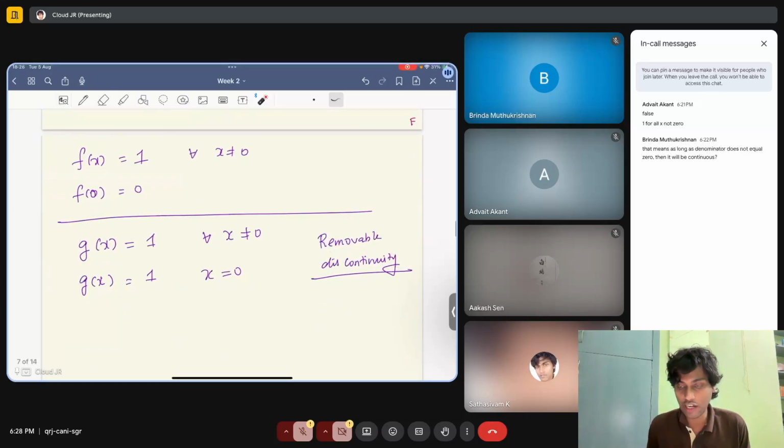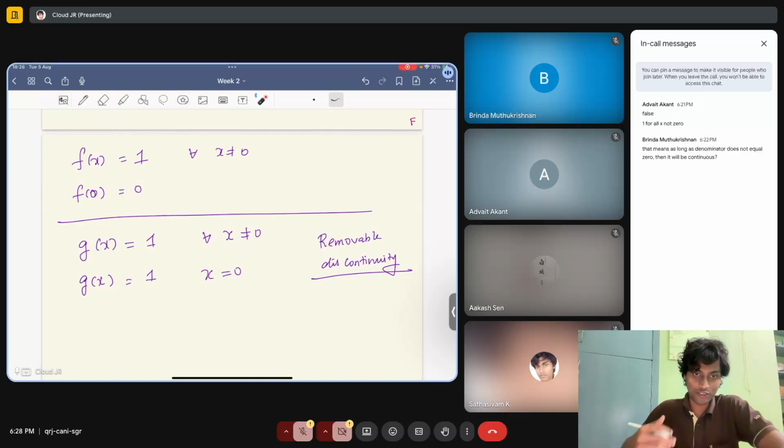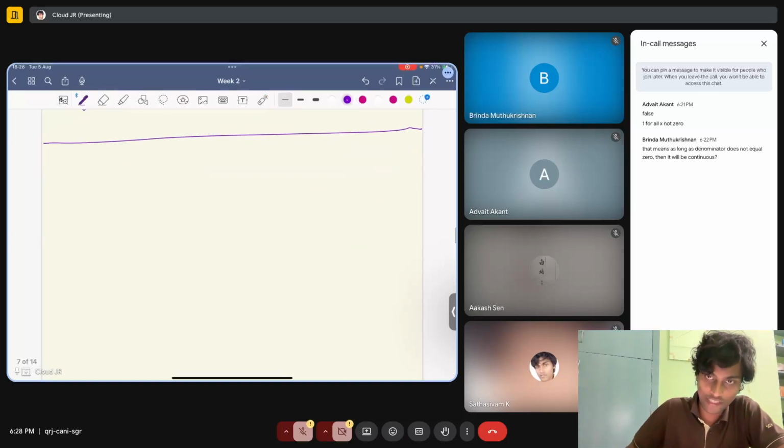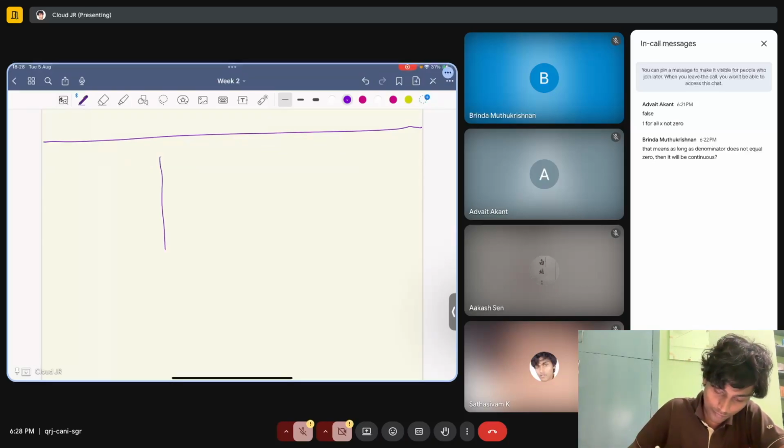But not every discontinuity is of this form. So in general, you cannot say anything. So let me draw another example. I just want to tell you that there are different kinds of discontinuities. So let's say I have an example like this, where I'm coming to -1 here, and I'm going to 1 here.